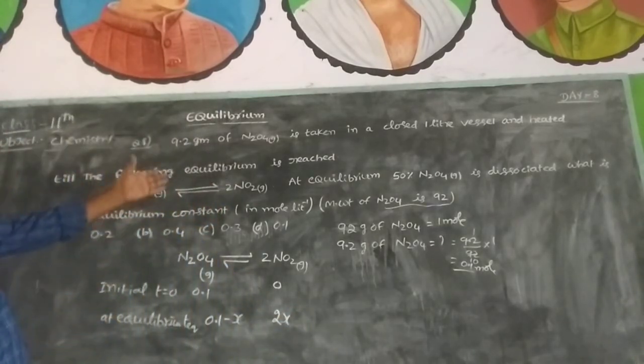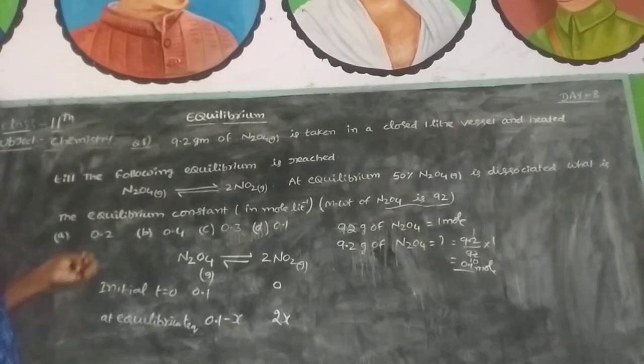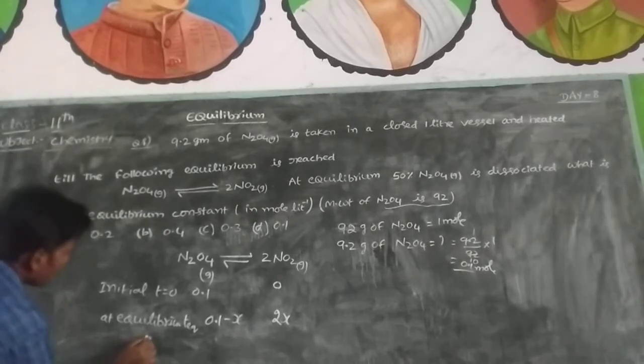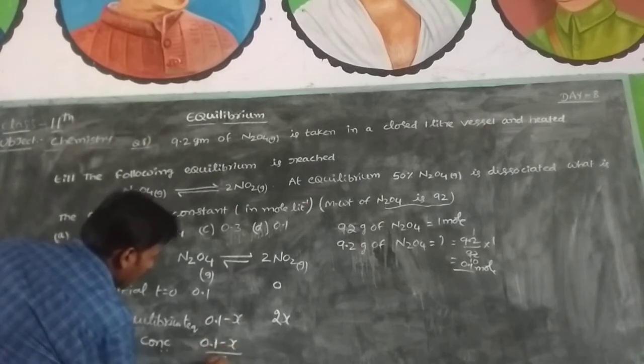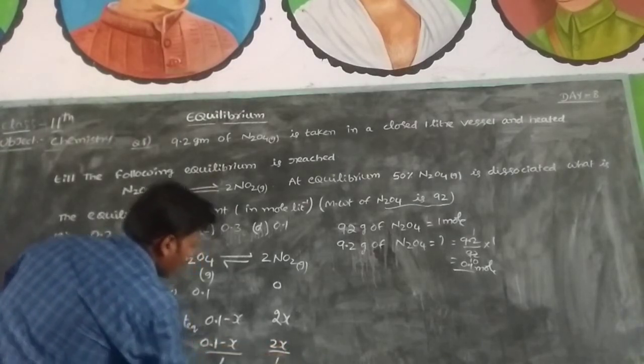Already you know Kc, the equilibrium constant. In a 1 liter vessel, concentration is 0.1 minus x by 1, and 2x by 1.